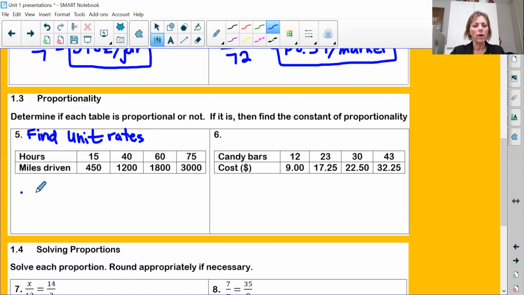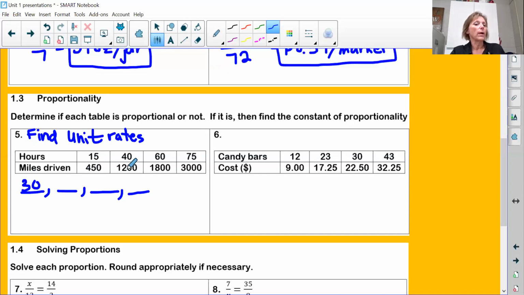What I'm going to do is write 4 numbers. This is how you show your work on the quiz Friday, okay? So this is important. I'm going to say 450 divided by 15. That comes out to be 30.